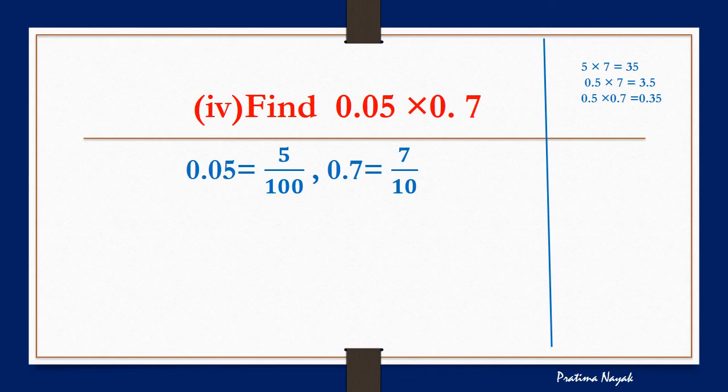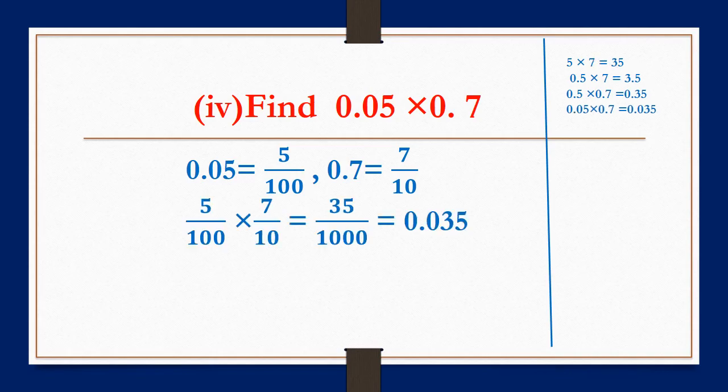Now we'll get the result of 0.05 multiplies 0.7. 0.05 is 5 by 100. 0.7 is 7 by 10. We know how to convert into fraction. Now we'll multiply. So 5 by 100 multiplies 7 by 10.